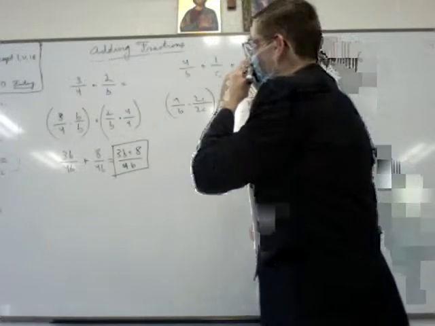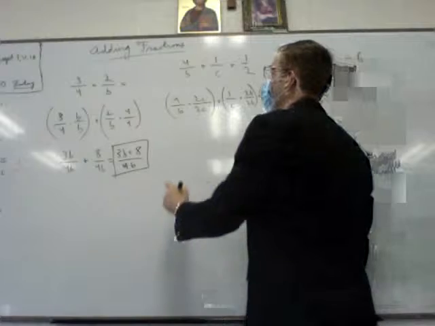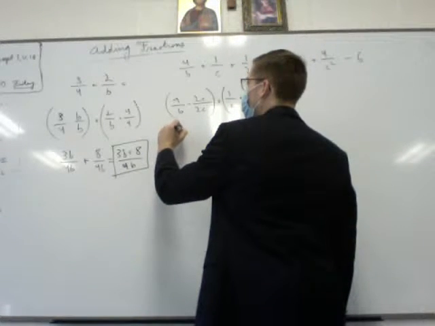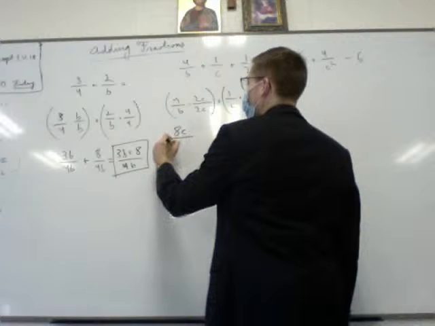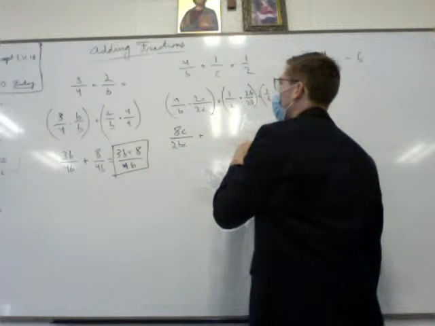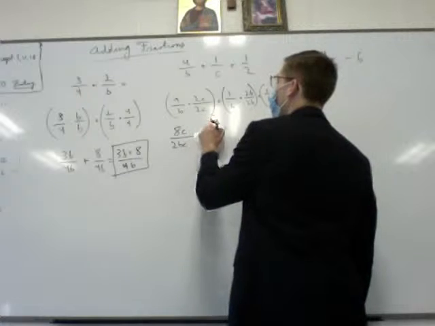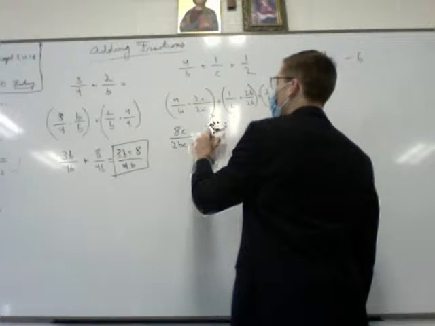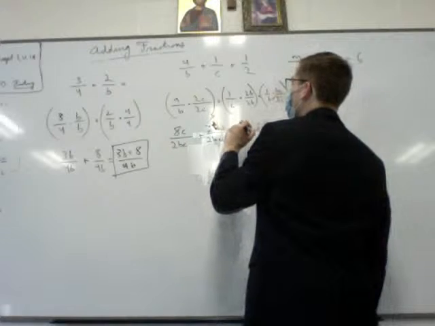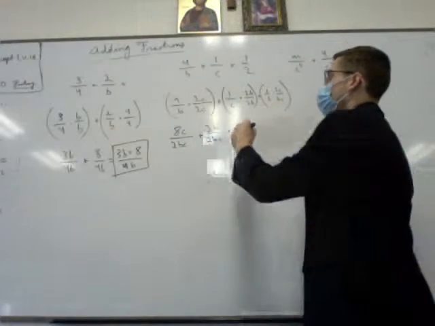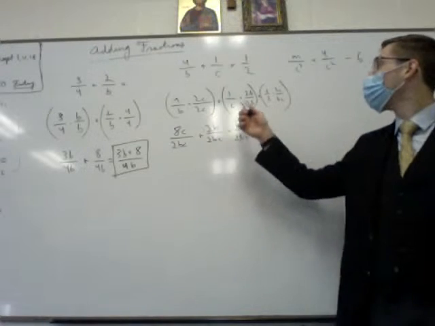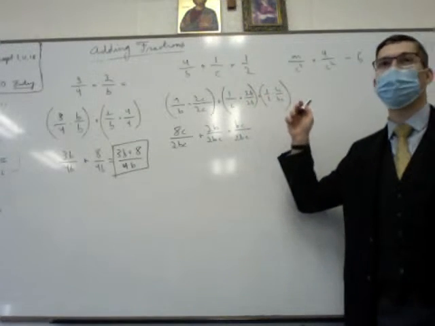Okay, so what are my terms going to become once I do that? 4 over b is going to become 8c over 2bc, plus 2b over 2bc, plus bc over 2bc. But that's okay because each time I multiplied by 1: 2c over 2c is 1, 2b over 2b is 1, bc over bc is 1.